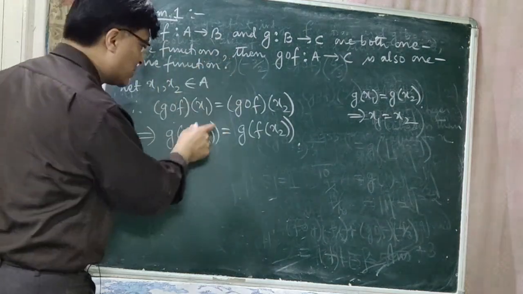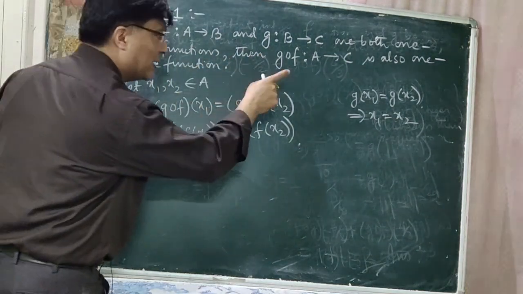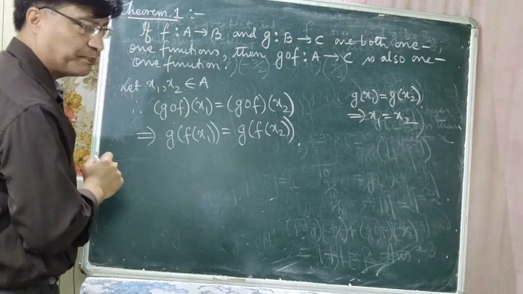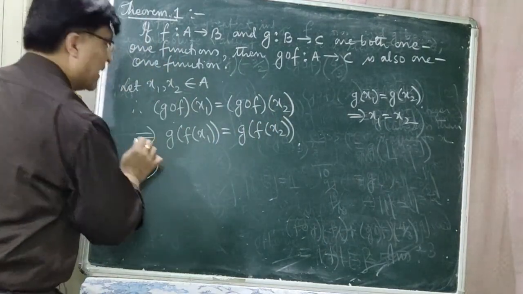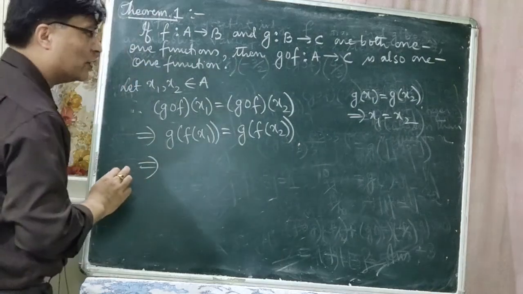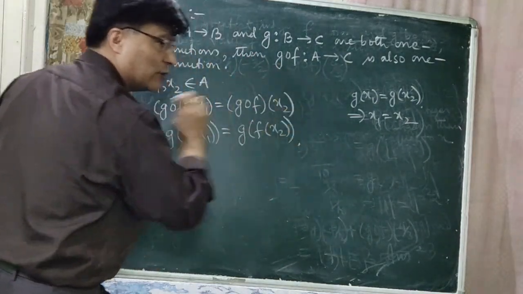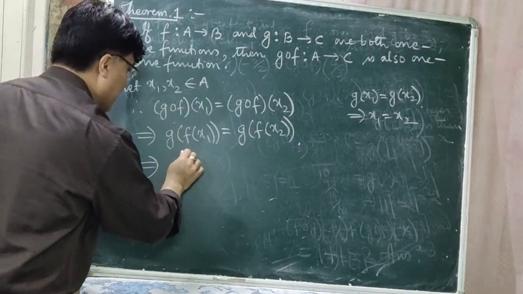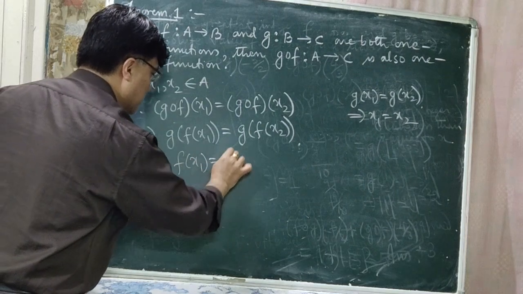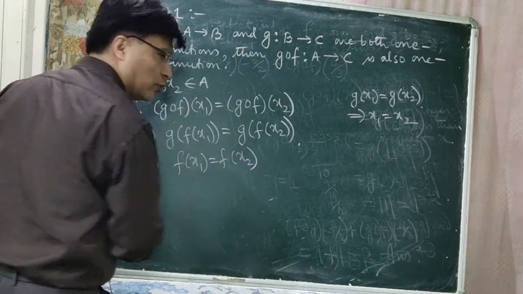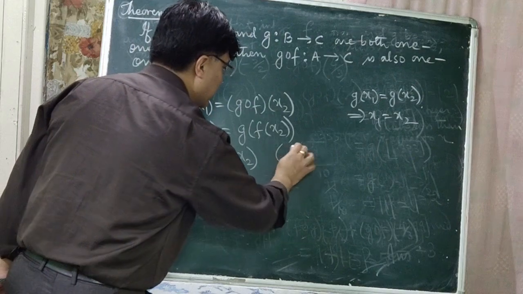Similarly, instead of x1 there is f of x1 and instead of x2 there is f of x2. Since g is a 1-1 function, we can write f of x1 is equal to f of x2. What is the reason behind it?